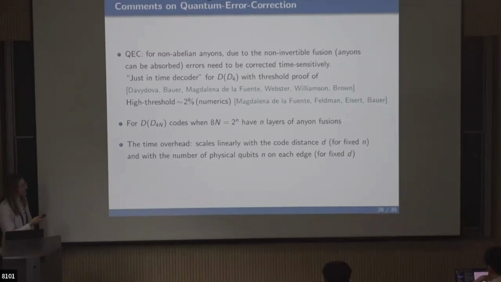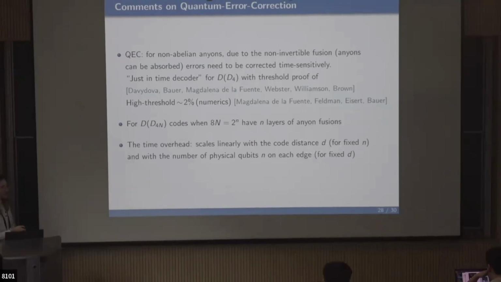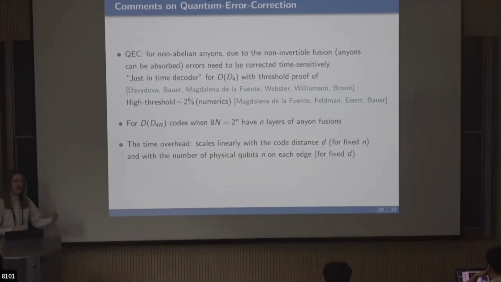Now, for our codes, we will have n layers of anyon fusions. So we need to perform multiple rounds of this just-in-time decoder. And in particular, the time will scale linearly both with d, which is the code's distance, and also with n, which is the number of physical qubits, which is the level in the Clifford hierarchy.